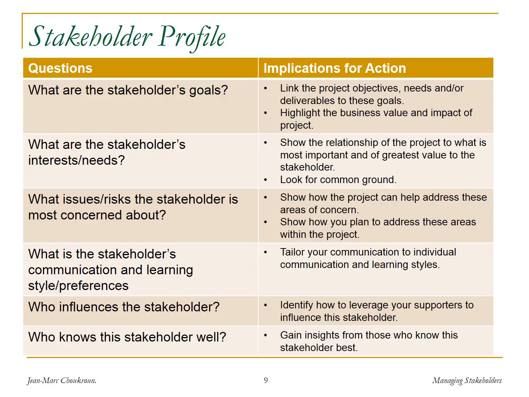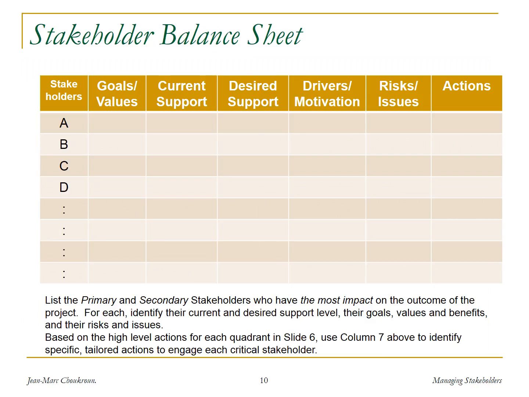And then from that, you can draw up what I call the stakeholder balance sheet, where you list the stakeholder on the right and have a number of elements written, and the stakeholder strategy tool that is included essentially uses that.